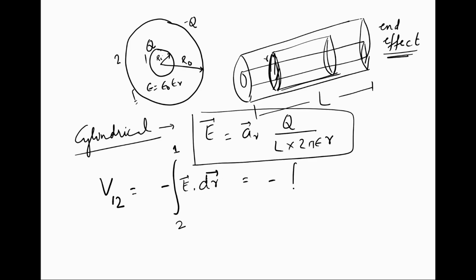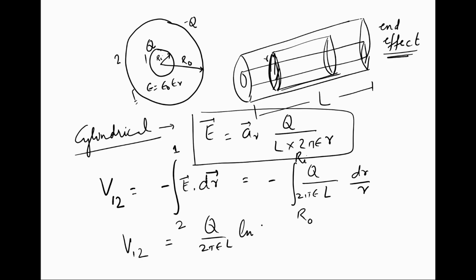So we will find that it is equal to q by 2 pi epsilon l dr over r, and we will go from r naught to ri. So V12 will be q by 2 pi epsilon l natural log ro over ri.